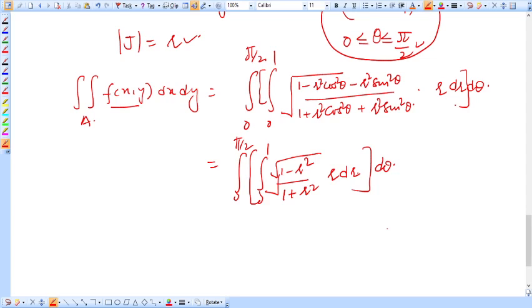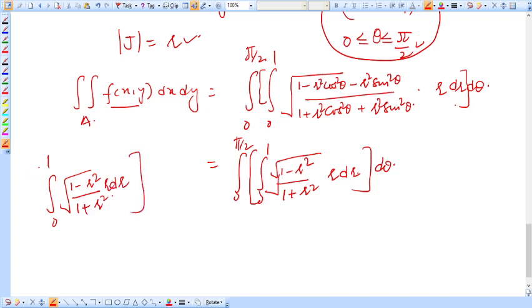Now we want to solve this integral first: 0 to 1, 1 minus r square over 1 plus r square, r dr.